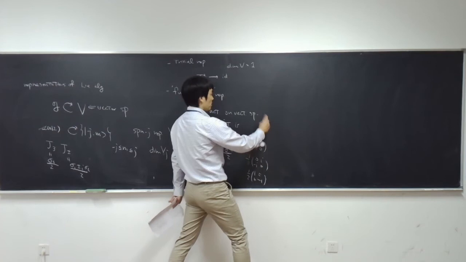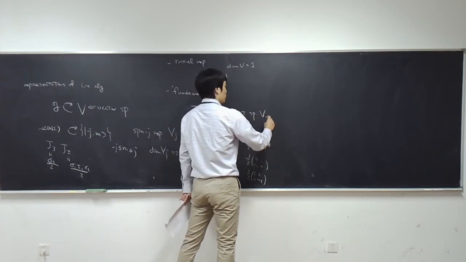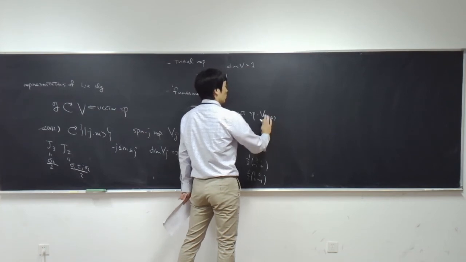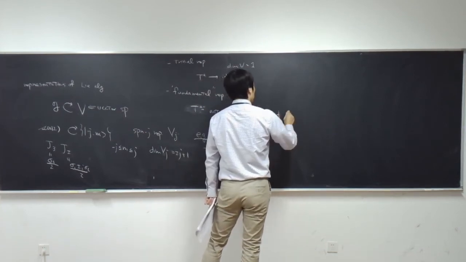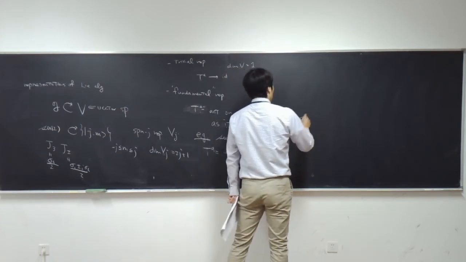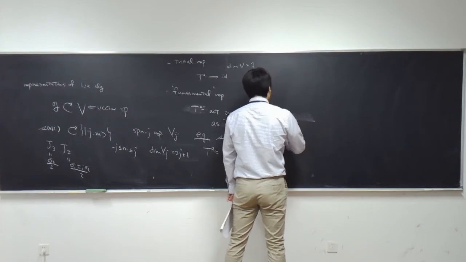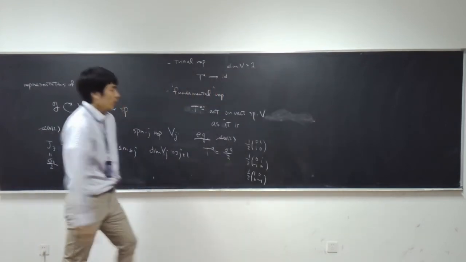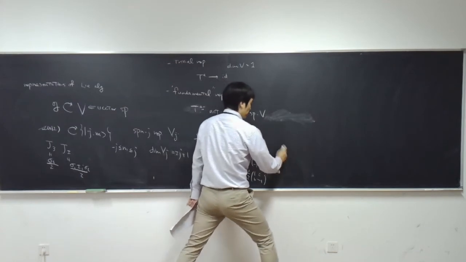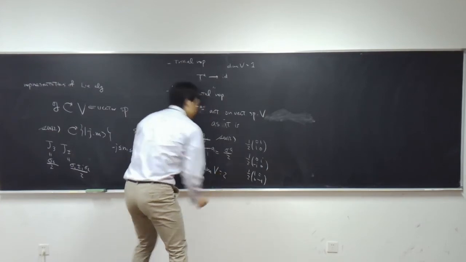So the vector space V, dimension of V. Oh, I'm sorry, it's not the same as the dimension of G. Dimension of V here, in this case, should be 2-dimensional.